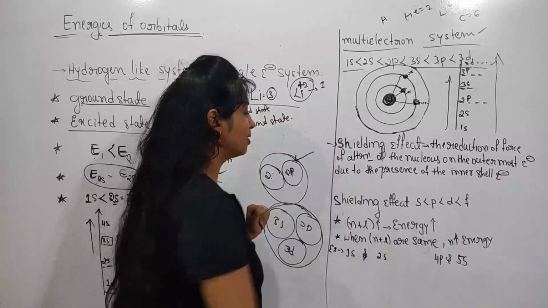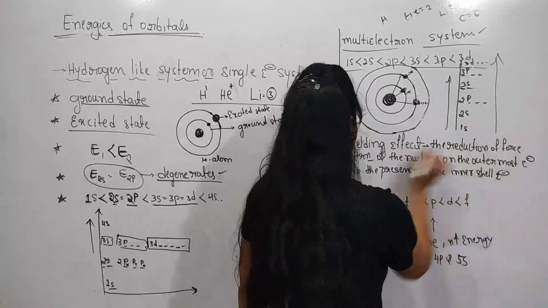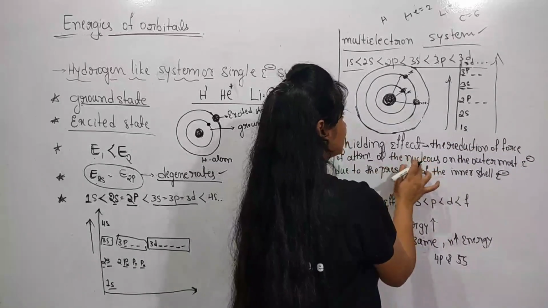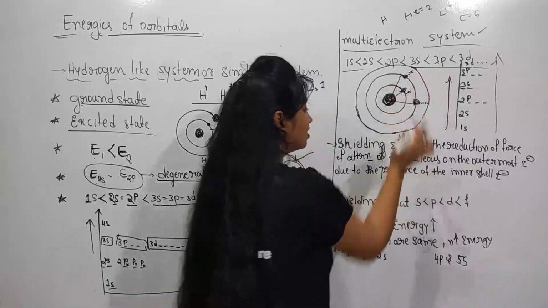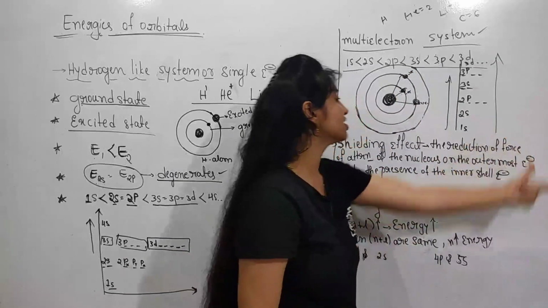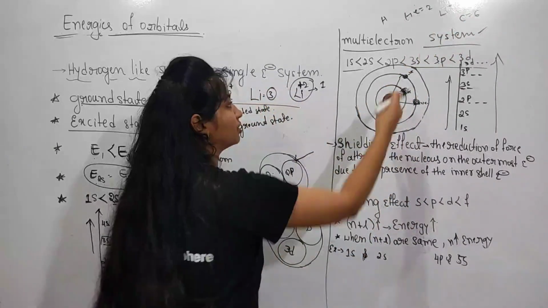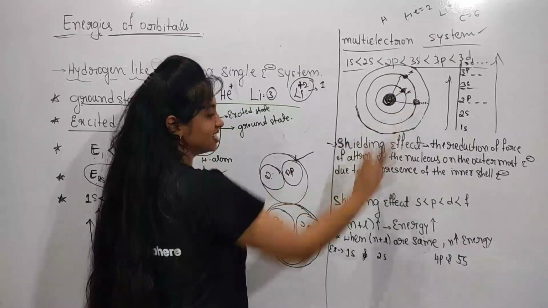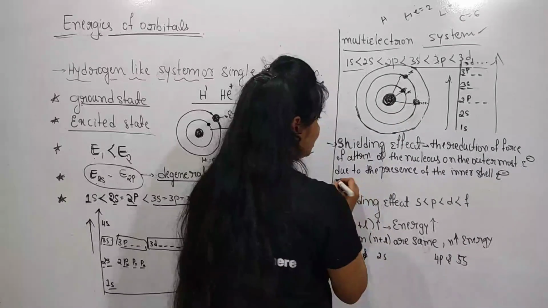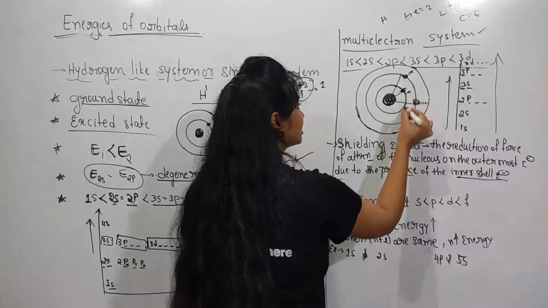So see here the shielding effect definition: the reduction of the force of attraction of the nucleus on the outermost electrons. These two are the outermost electrons, meaning the valence electrons, due to the presence of the inner shell electrons. This is our inner shell electron.